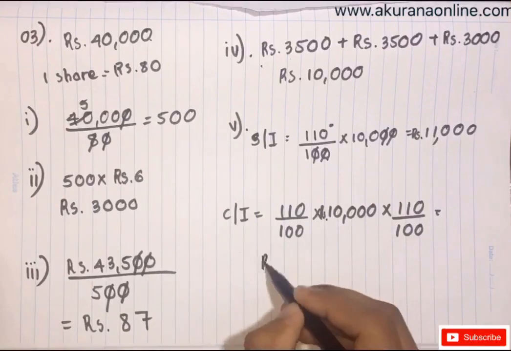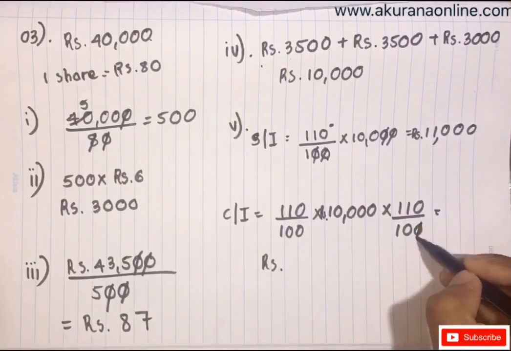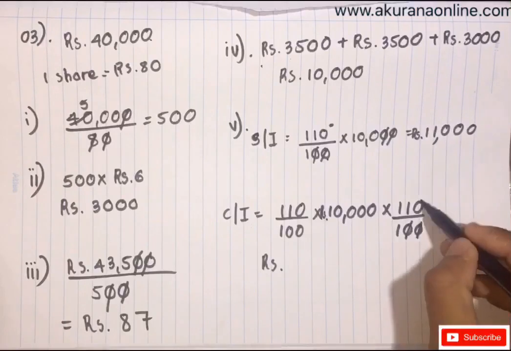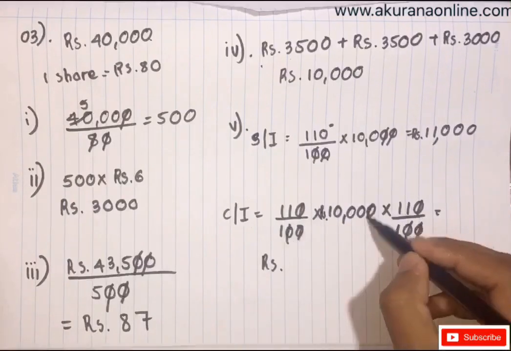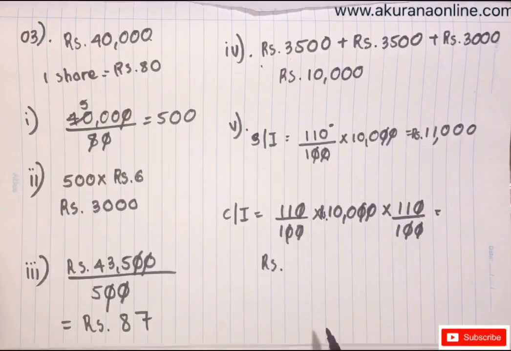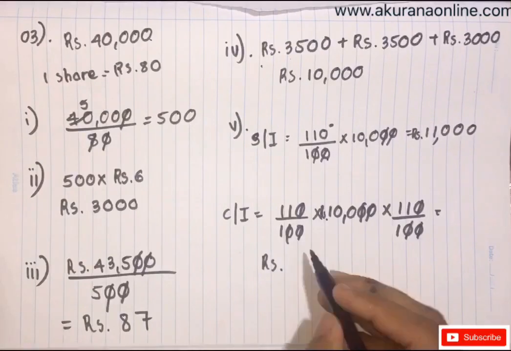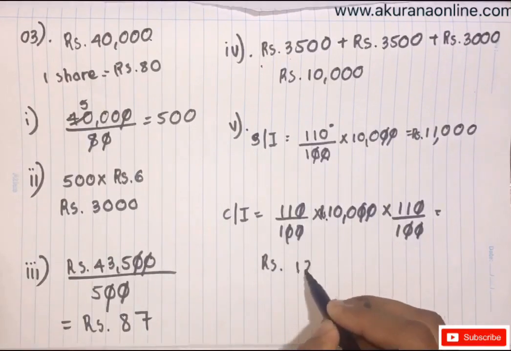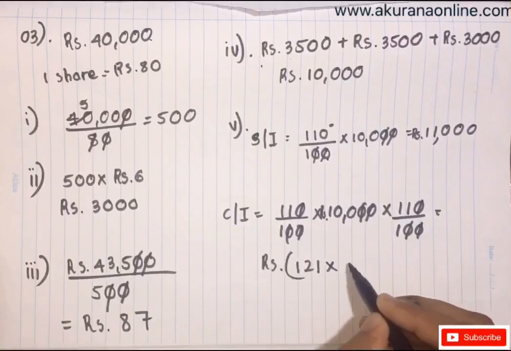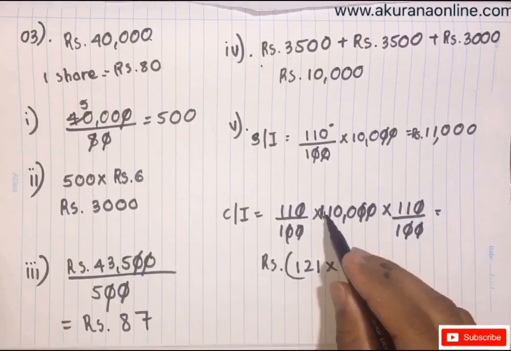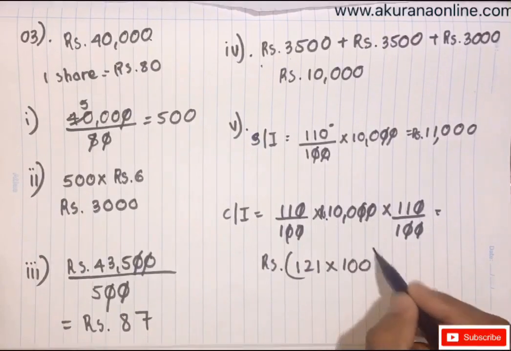And then finally let us cut all the zeros. So how much do we get? It's 11 into 11 is 121 multiplied by 100.